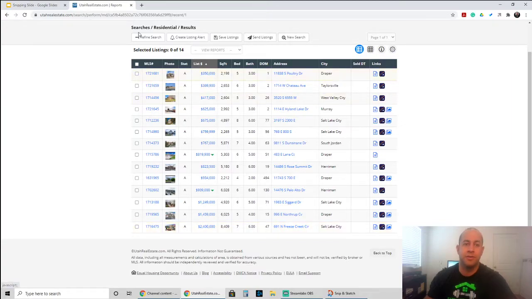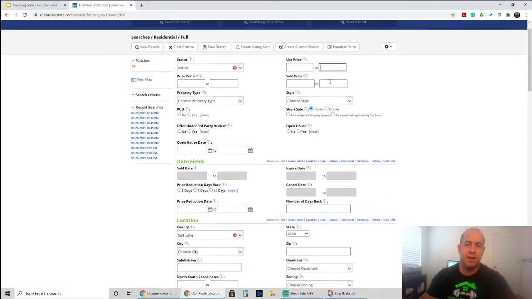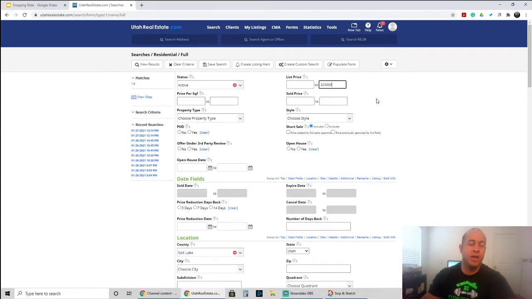If your people can't afford 675 or beyond, right? Maybe you'd set the price criteria. Sometimes this happens where you have clients that are specifically in a price range, and so you have this capped out rate. Well, there are not any listings beneath 325 with that specific word mother in the remarks in Salt Lake.